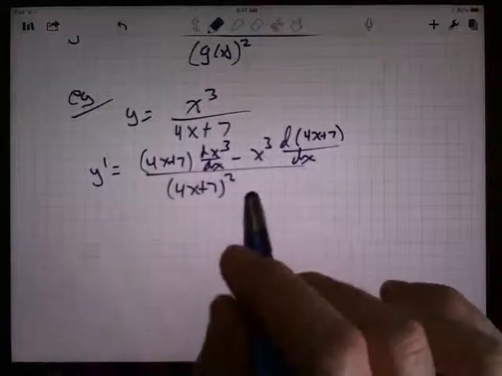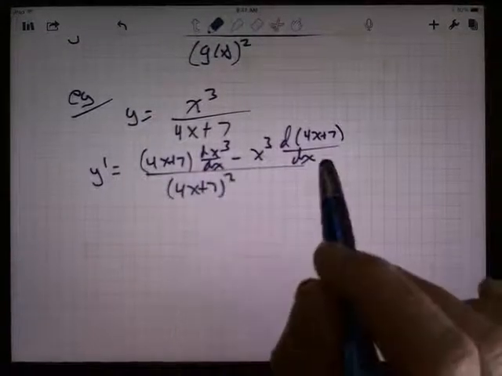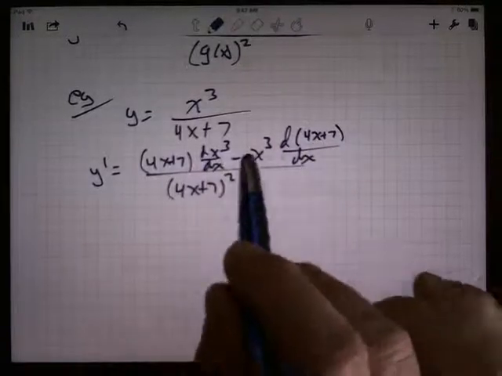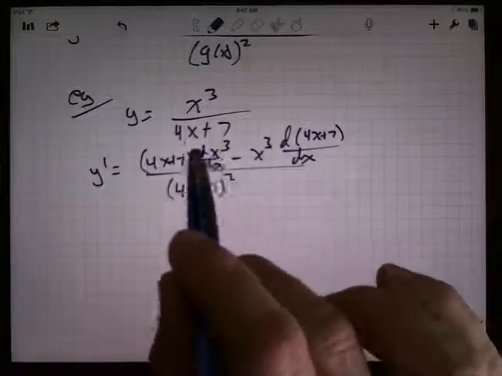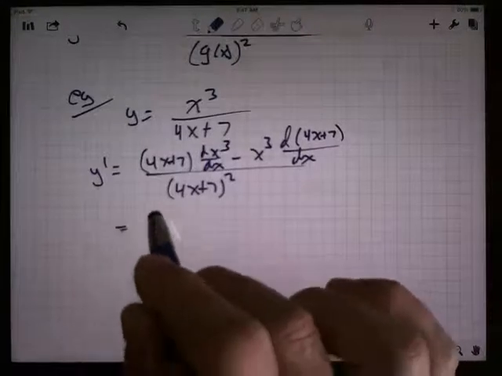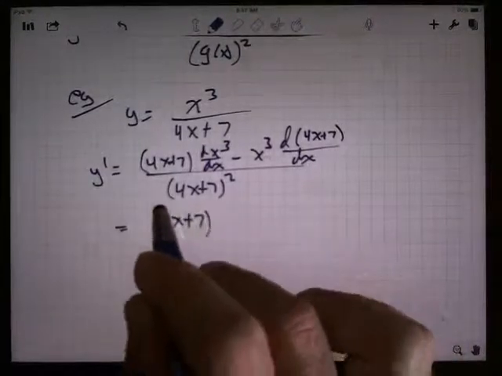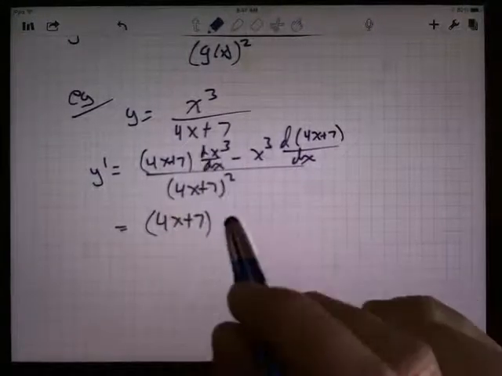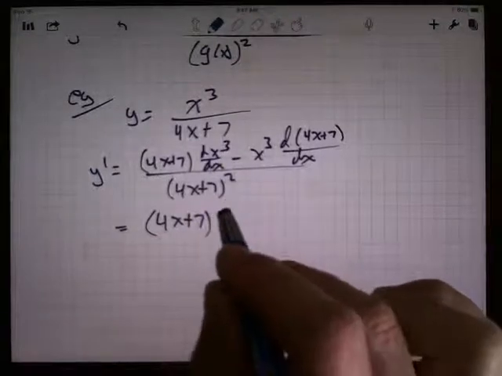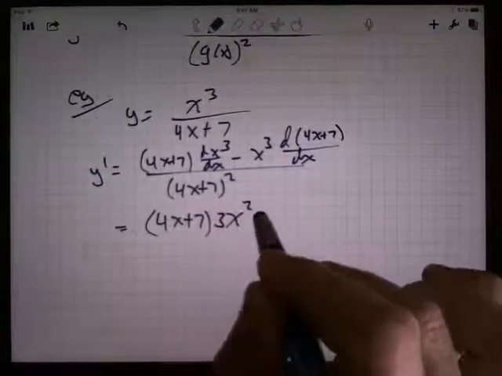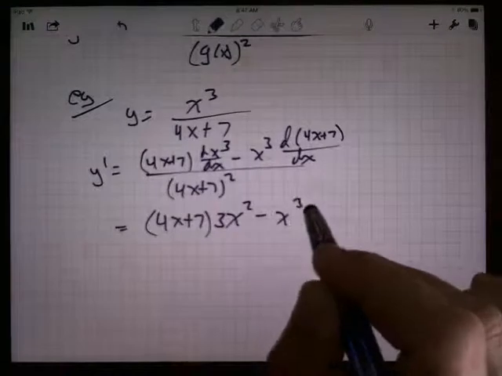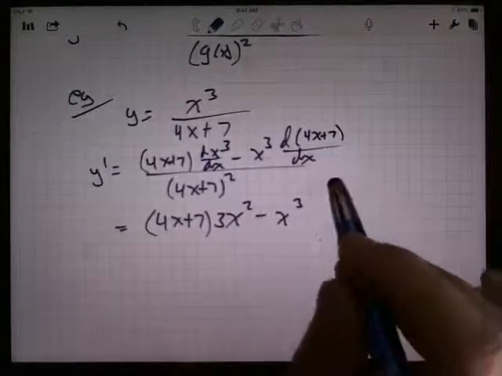So here we go. We've got the quotient rule done, and now the quotient rule gave us two other derivatives that we have to handle. We focus just on each one of them. So there's a 4x plus 7 here, right? Now I need the derivative of x cubed. Well, that's a power rule. That's 3x squared, right? Then there's a minus x cubed here. And now I need the derivative of 4x plus 7.